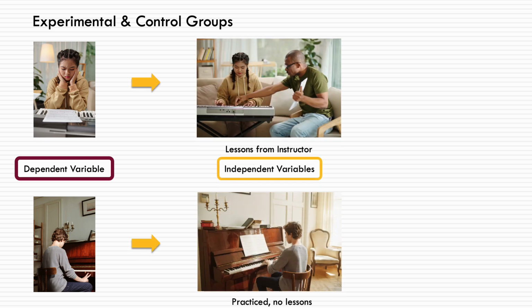So for the young woman who is our experimental group, she gets lessons from the instructor. But for the control group, he just keeps doing what he was doing, which is practicing but not taking lessons.